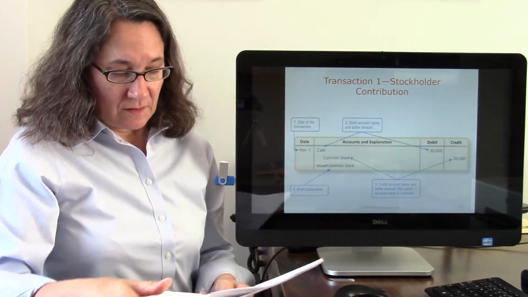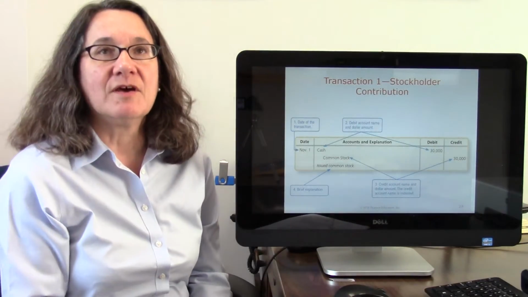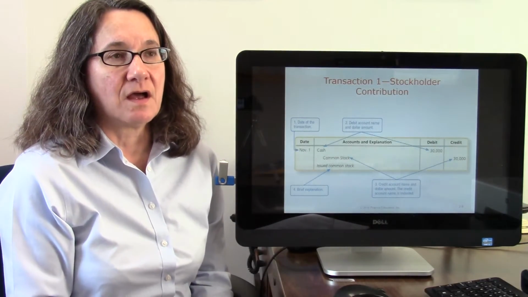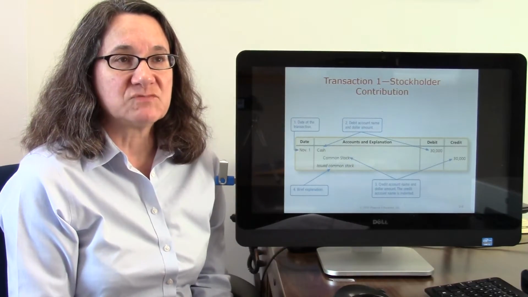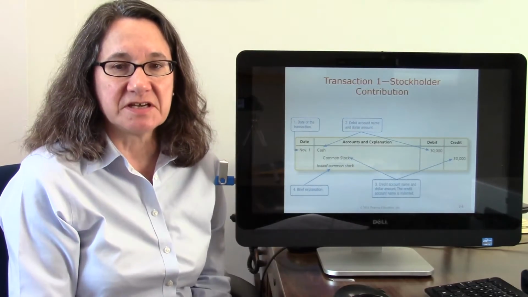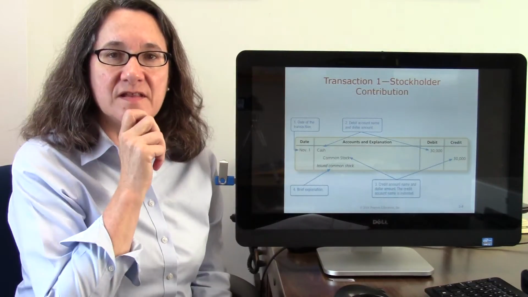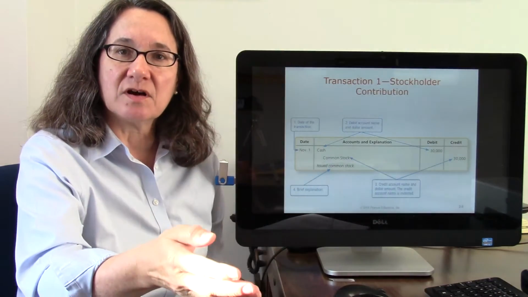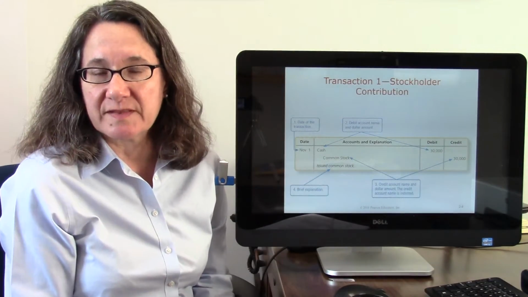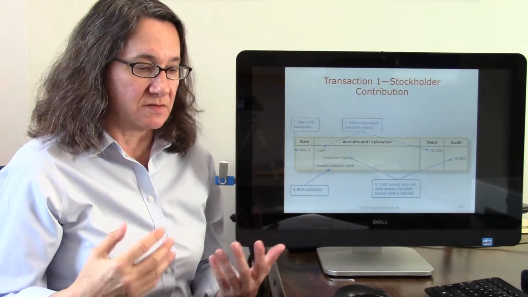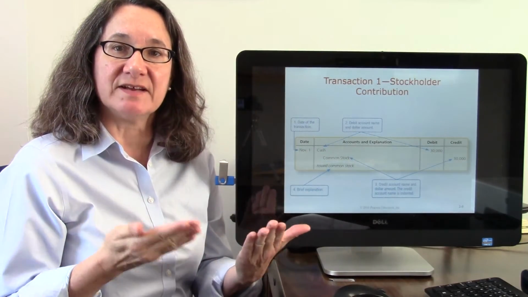So you have to think about this. This transaction happened, right? Sheena chipped in 30,000. The company gave her common stock worth 30,000. So there's probably some kind of document, right?